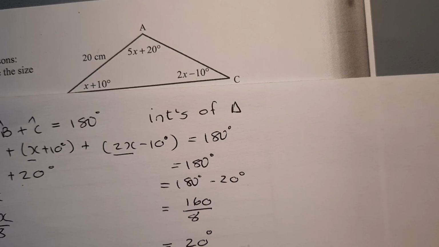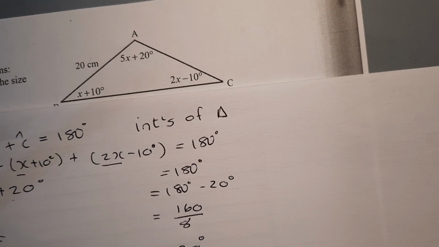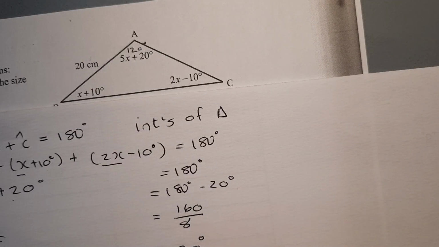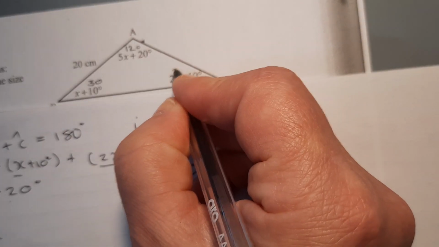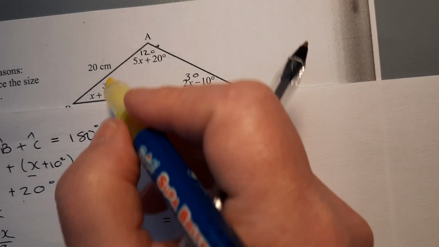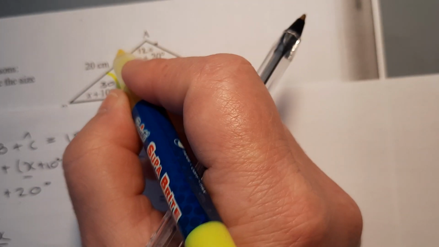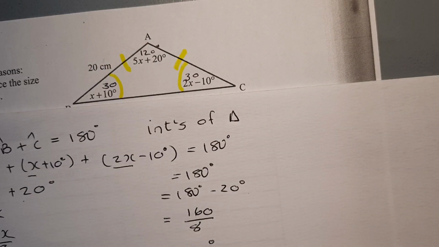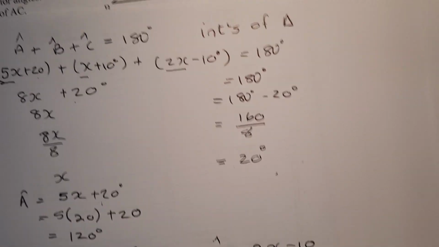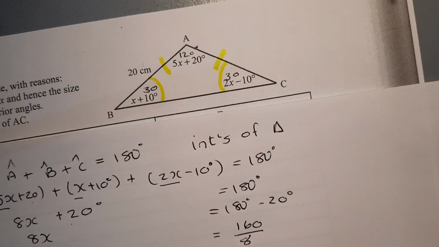So if I look at my sketch, I know that this angle is 120 degrees and these two are both 30 degrees. So what do I know? If I have equal angles, then I have equal sides opposite equal angles. What is the length of AC? They gave me the length of AB.